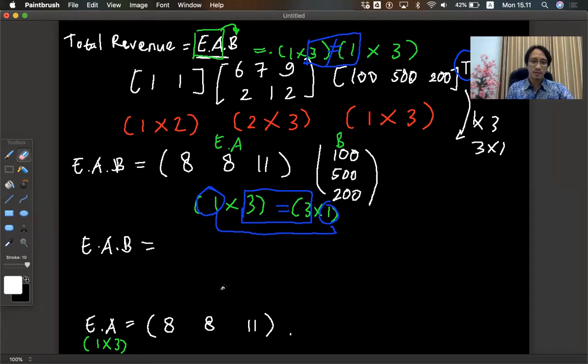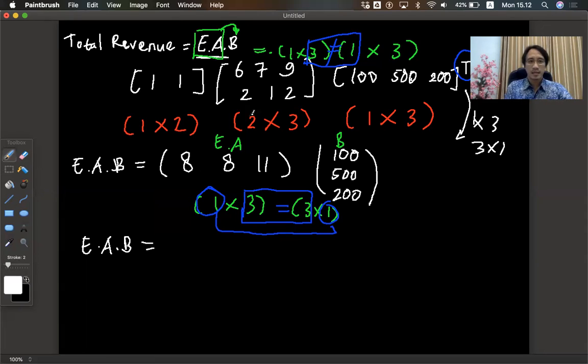Actually, this is very simple, but we need to be quite detailed and careful. Okay. A times B. Let's see.